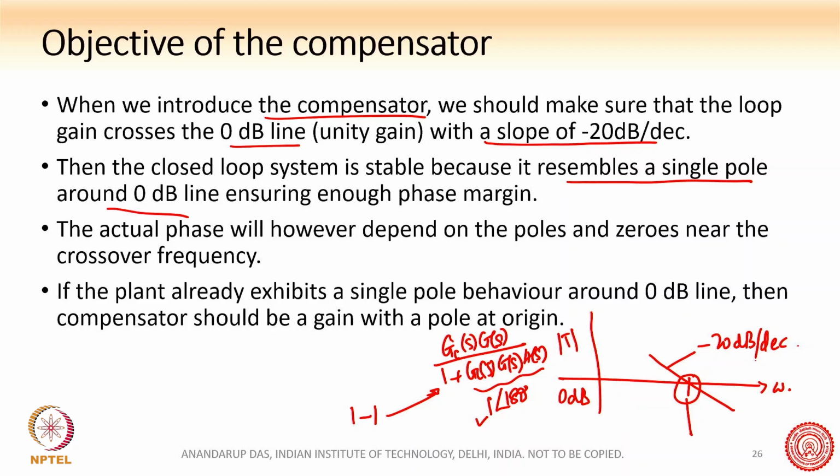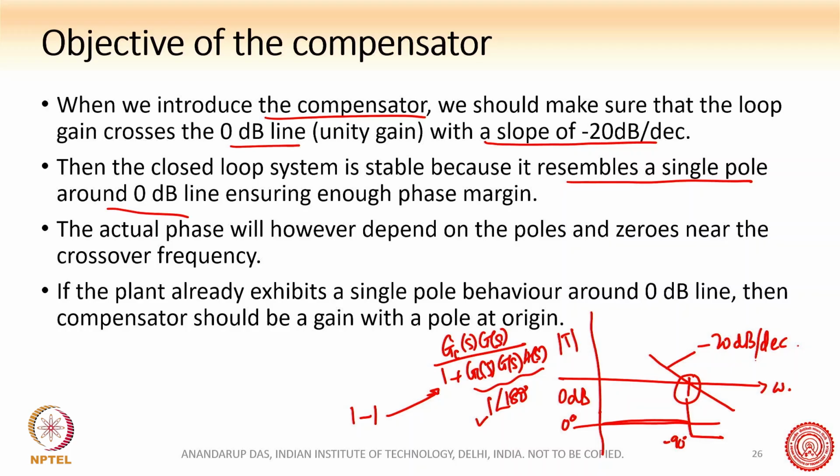So therefore when the loop gain is crossing, we should have a single pole behavior. So then if it behaves like a single pole, then what is the advantage is that with a single pole the plot is something like this, okay, right?